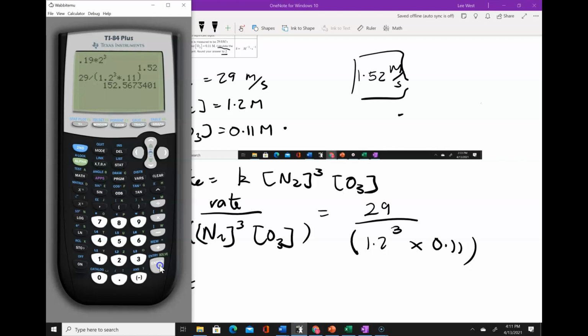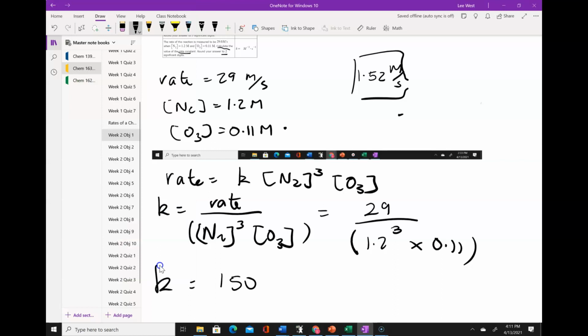And so to 2 significant figures, this is going to be 150, right? Now, there's a little bit of a difficulty here writing this to 2 significant figures. For 150, I just got to remember, don't put a decimal point on the end, because that'll be 3 significant figures, because then the trailing 0 will count, right?